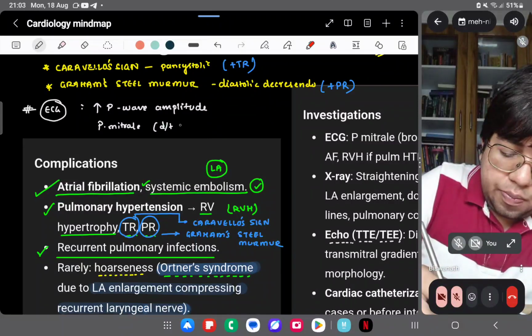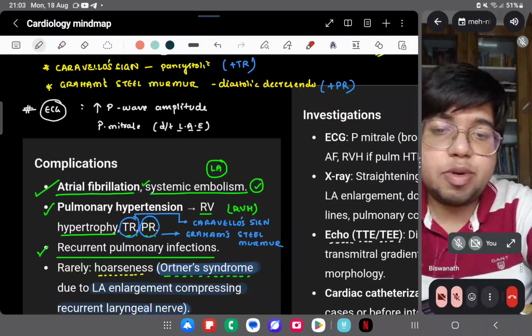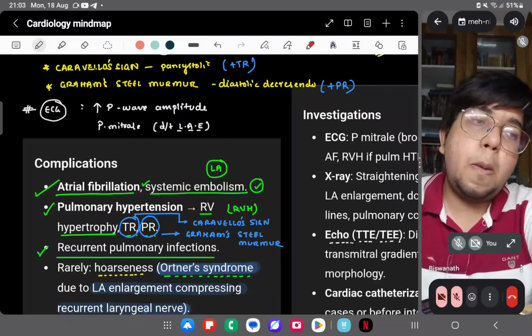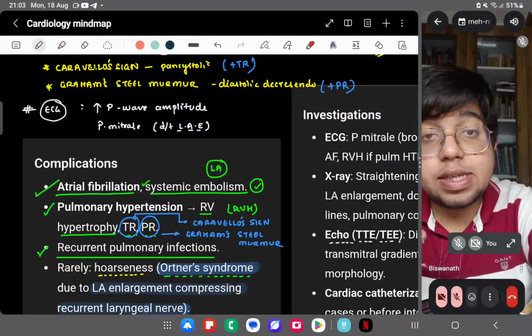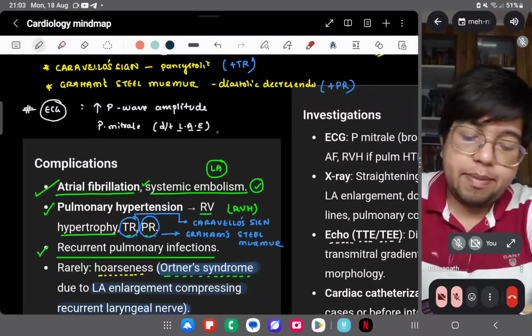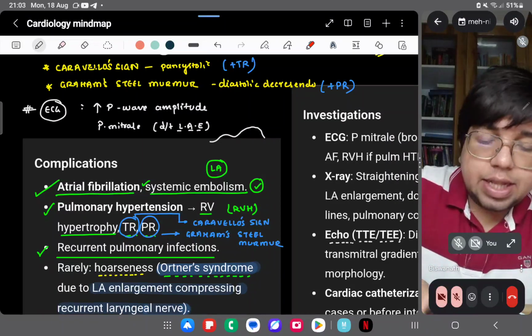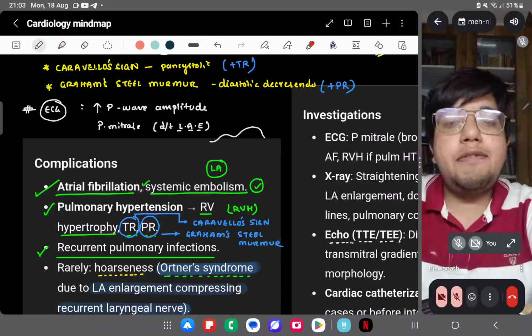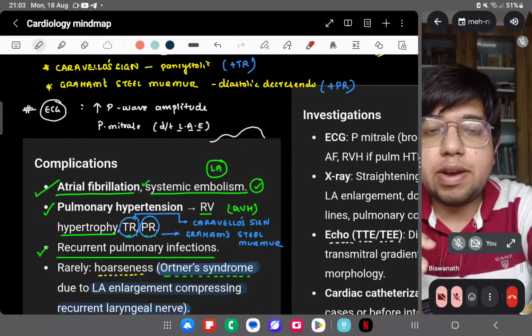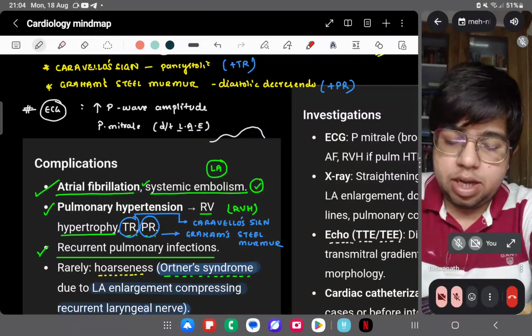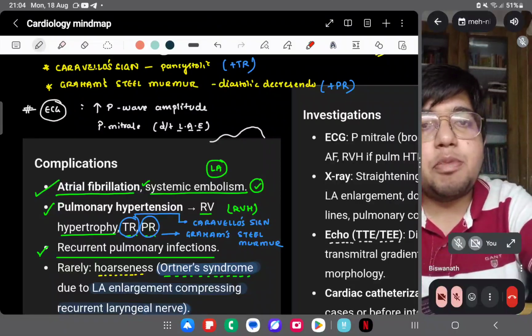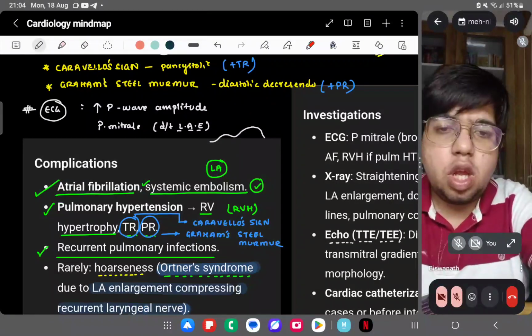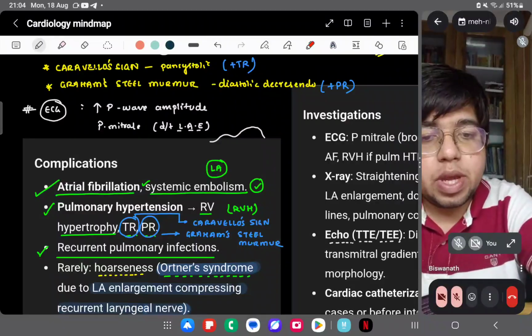Due to left atrial enlargement we have a P mitral, with an enhanced second hump. We have a bifid type of P wave, like this. And we have an enhanced negative deflection in the lead V1 as well.